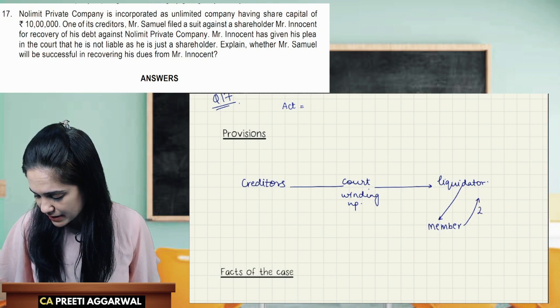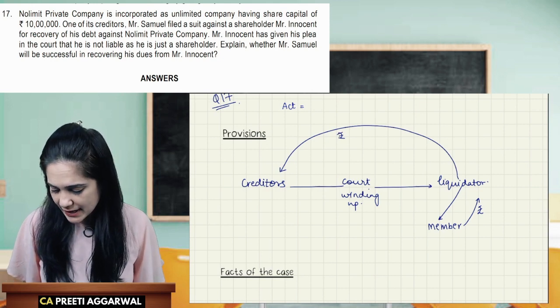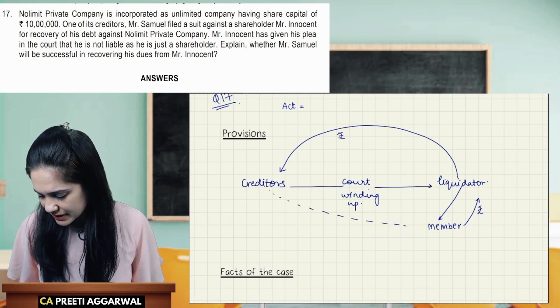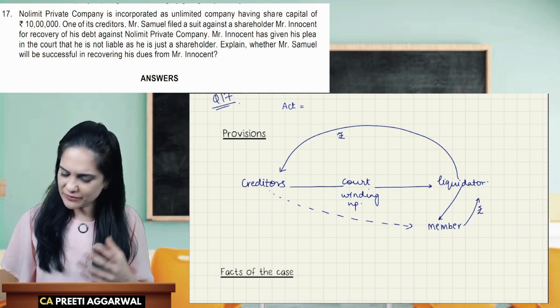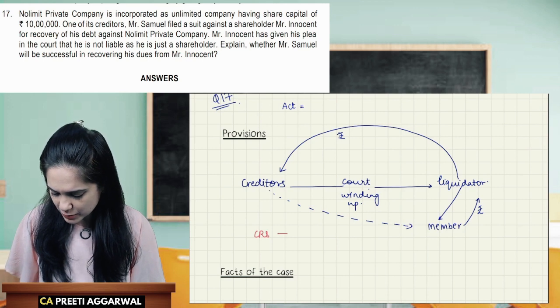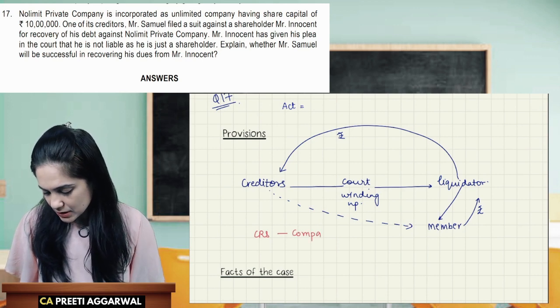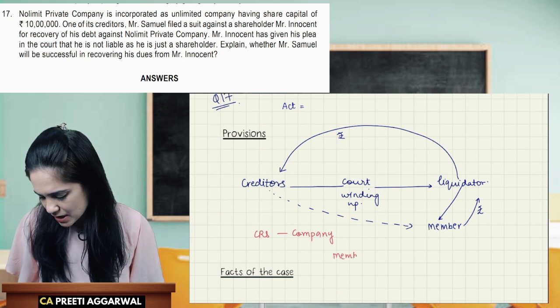Members will then give money to the liquidator, and the liquidator will then pay the dues of the creditor. Why can't the creditors directly file case against the member? Why go through the route of the court? It's a very simple answer, students. The creditors have a contract with the company. The creditors don't have a contract with the members. Members are in fact strangers to contract.